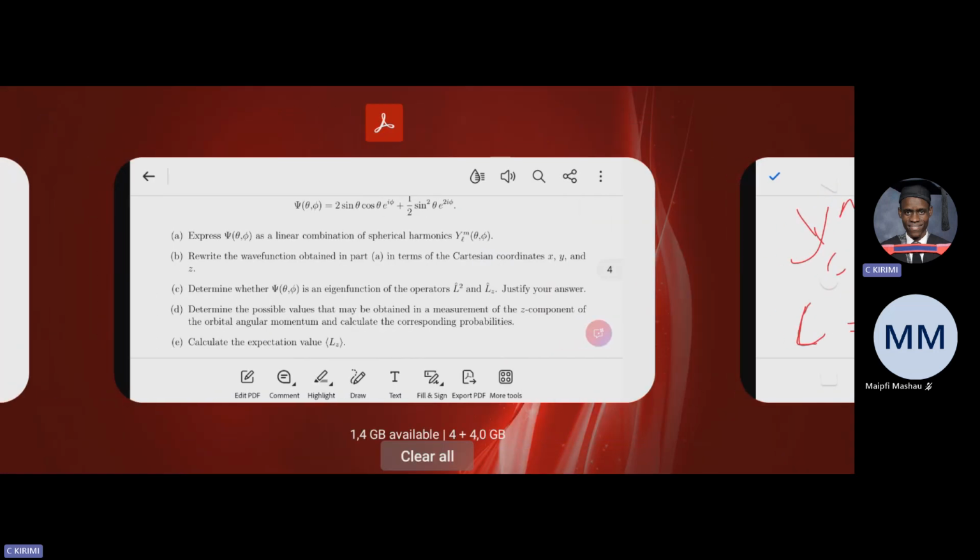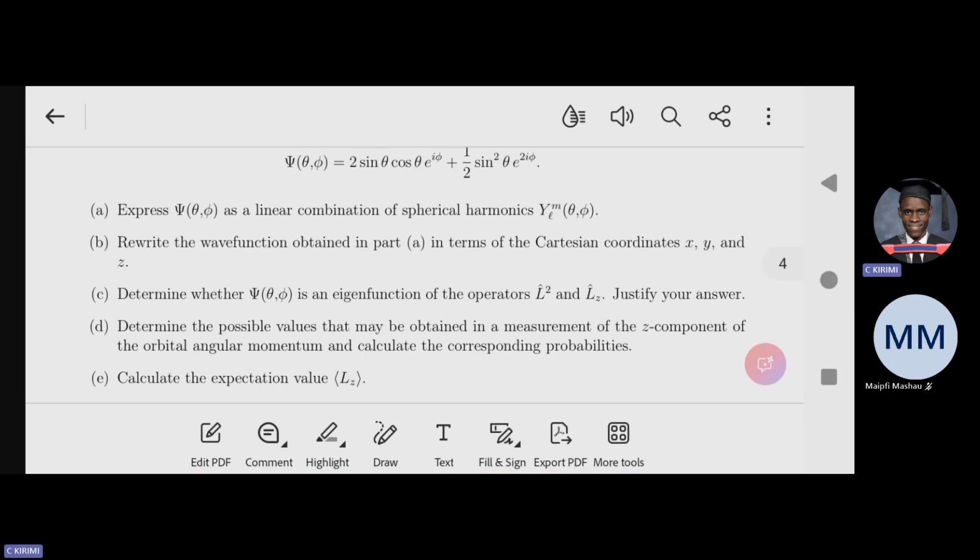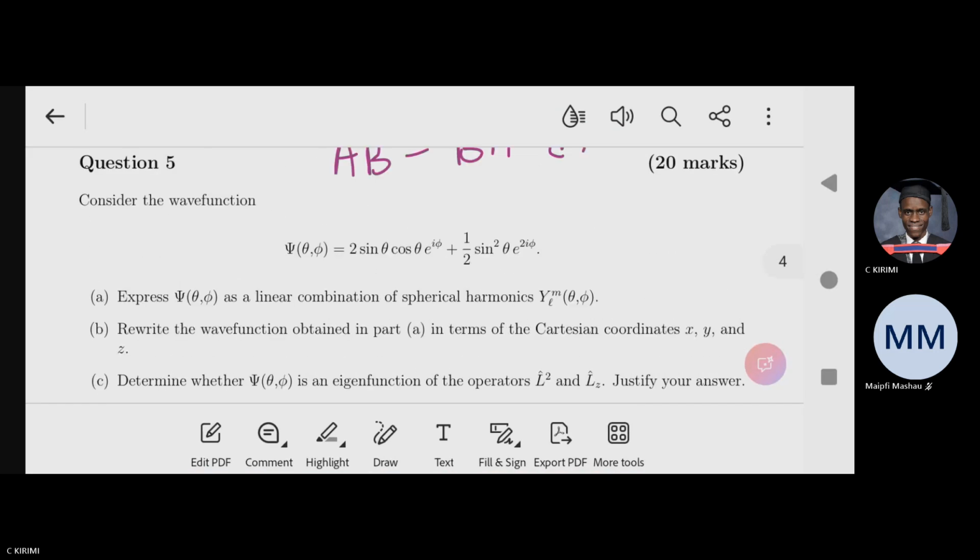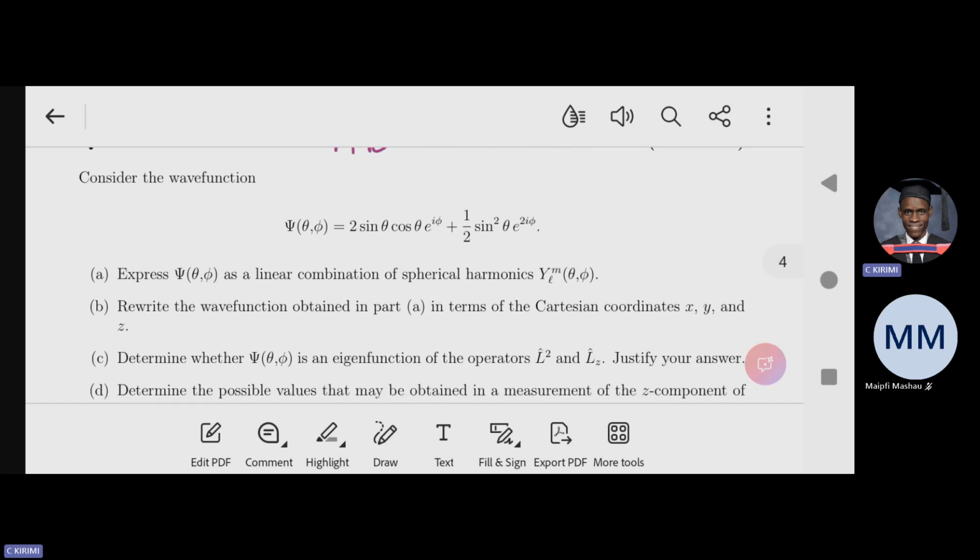So now we have our psi in terms of theta and phi. There we are supposed to identify your normalization constant, the polynomial, and so on. All right, so let's start.